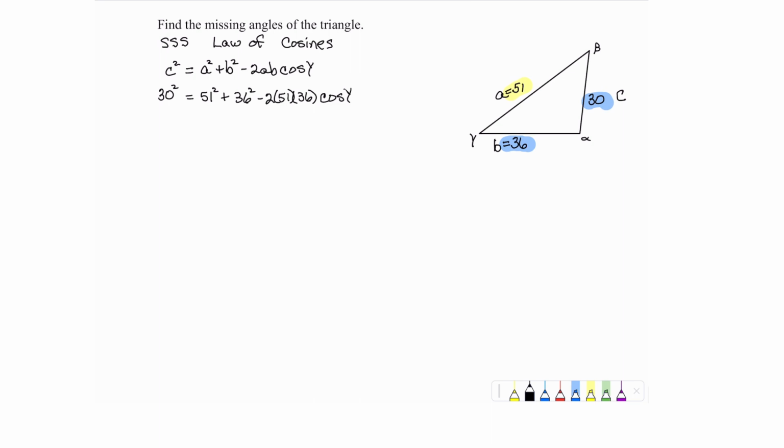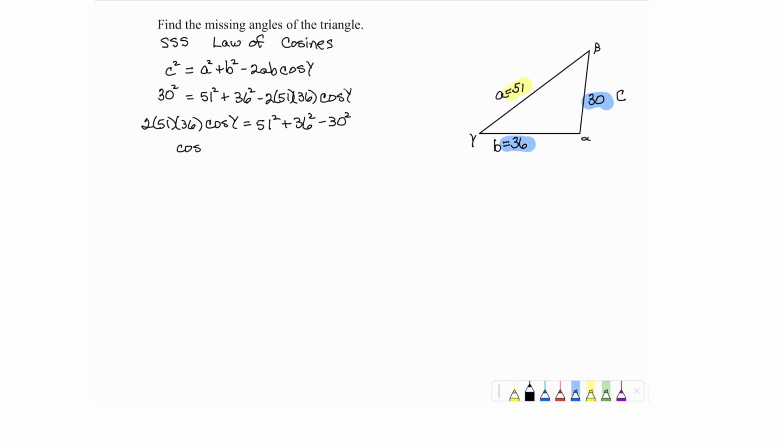And what we can do is solve for the cosine of gamma. So I'm going to add the 2 times 51 times 36 cosine gamma to both sides and subtract the 30 squared from both sides, just to make sure that I'm careful with the signs. Then divide both sides by 2 times 51 times 36.